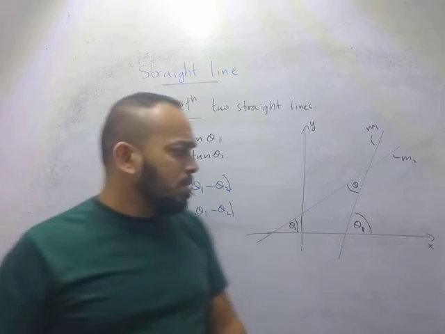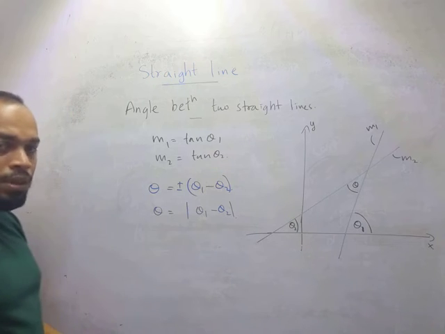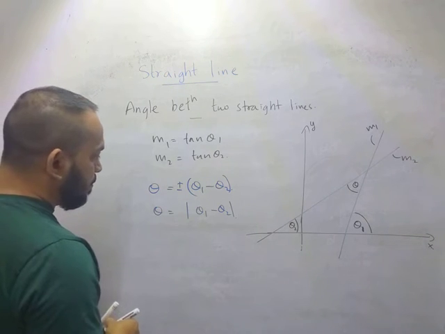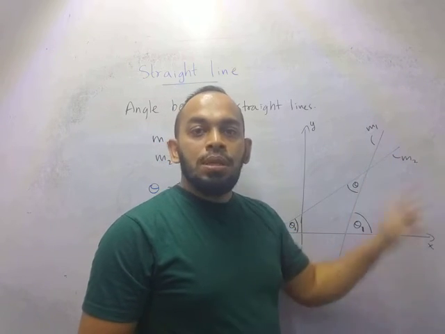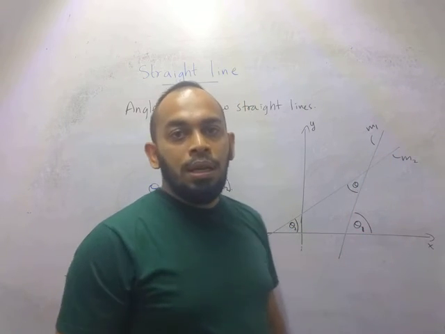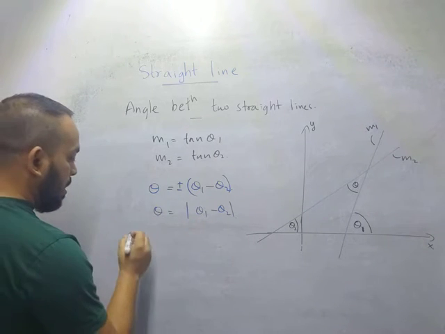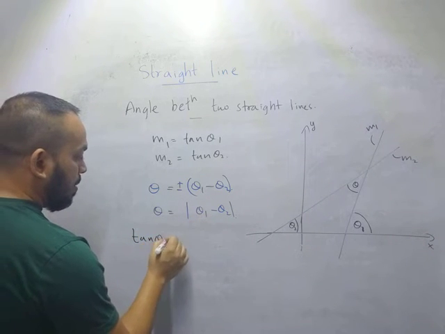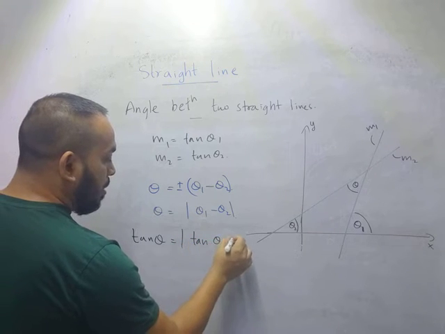It's a positive angle, so we require only the modulus, the absolute value of this difference. Now we would only know m1 and m2. So using m1 and m2, we're going to determine this angle. So we have to take the tan of these. So I'm going to put the absolute value of tan of theta 1 minus theta 2.